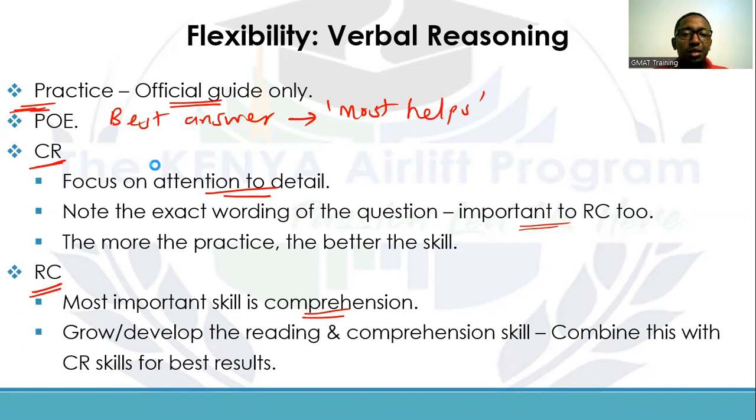It's built by building a reading culture. So reading business articles, reading scientific journals, and those academic papers and so on. So you are developing your ability to comprehend information, especially information that is presented in a convoluted way.